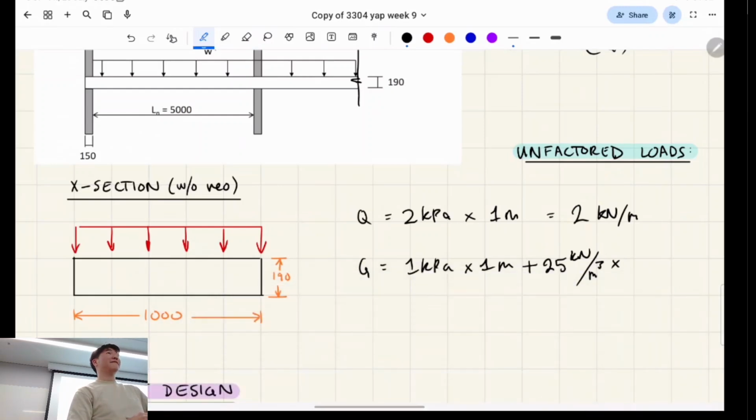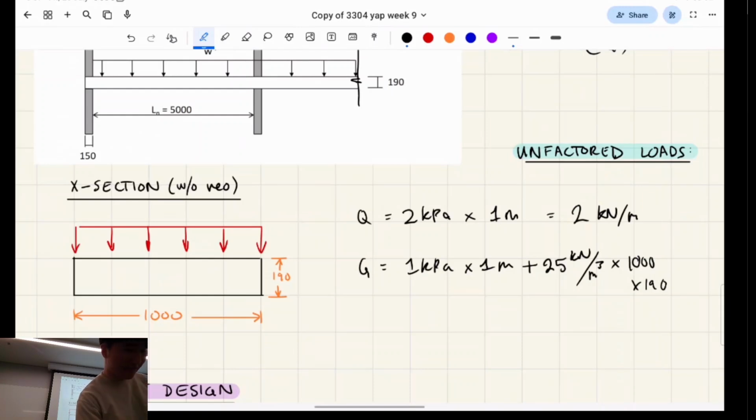Sorry, say that again. The 1 kPa is from the question. So if I put that in my calculator, does that look right? The self weight is like 1 times 0.1.